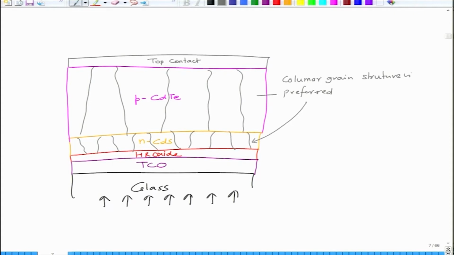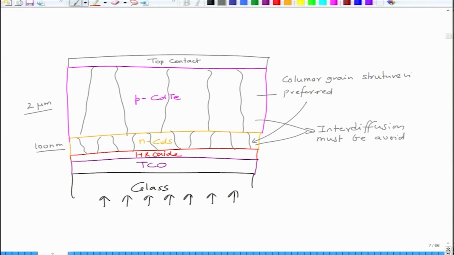We should prevent, see this layer is very thin, it's about 100 nanometer or so, and this is about 2 to 3 microns or so. So the interdiffusion must be avoided.